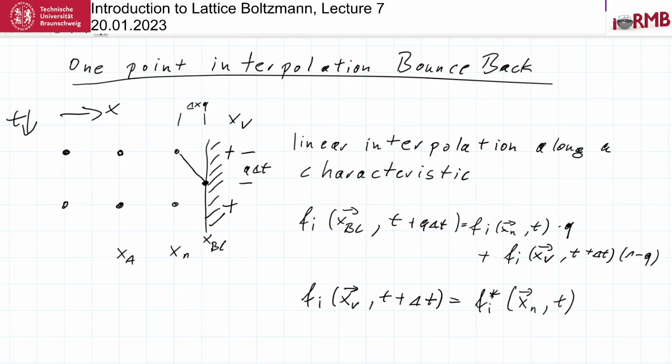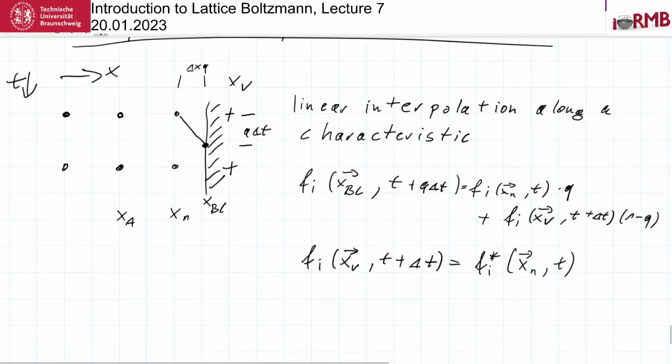So it was at the node where we later want to specify it, and at the time before. So we can replace this simply by an interpolation between the pre-collision state and the post-collision state on the same node, right?